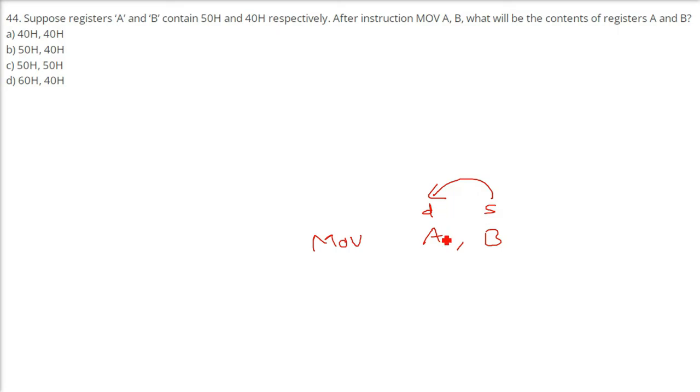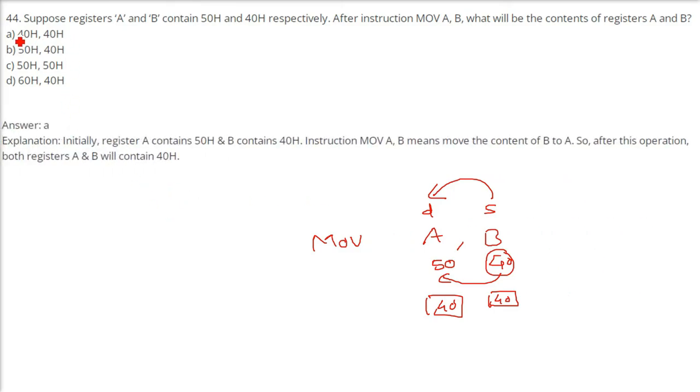A will have the content of B, but B won't change until you replace it. If A has 50 and B has 40, when you move, now A will have 40, and B will still have 40. So the answer will be 40H, 40H. A and B both will contain 40H.